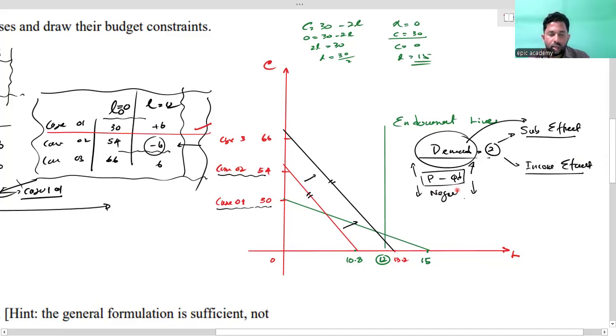That negative relationship is developed by the substitution effect and the income effect. As an example, if the price of the certain commodity increases, you can identify that substitute commodities become cheaper than the certain commodity.